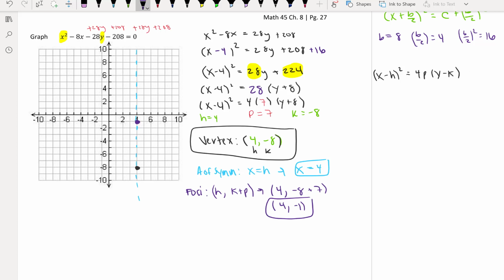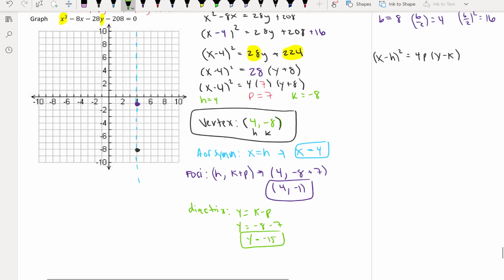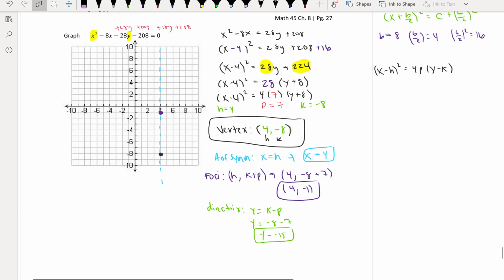And of course I want my directrix. The directrix is going to be that y is equal to k minus p. So I'm going to have that y is equal to my k value, which is negative 8, minus my p value, which is 7. So y is equal to a negative 15. And negative 15 is kind of off the chart, so I'm not going to worry about it too much, but at least I have it in case I need it.